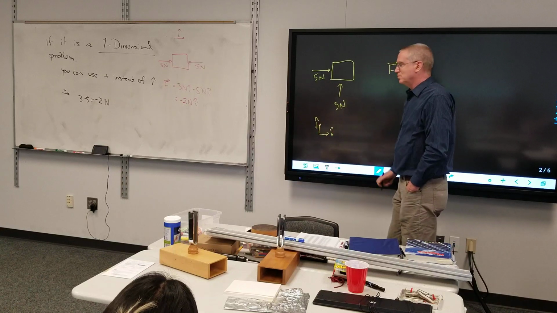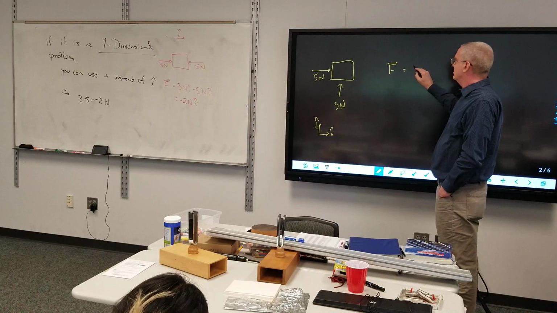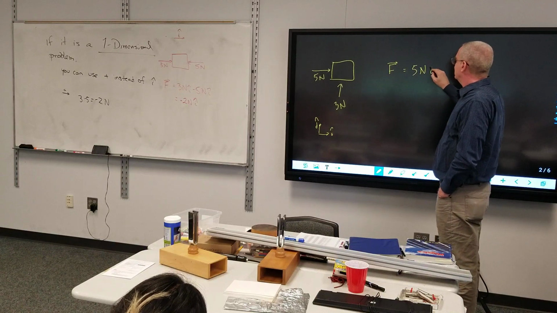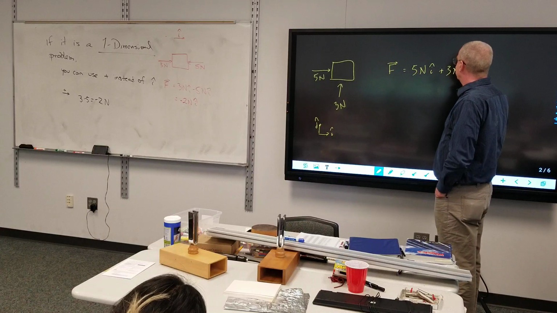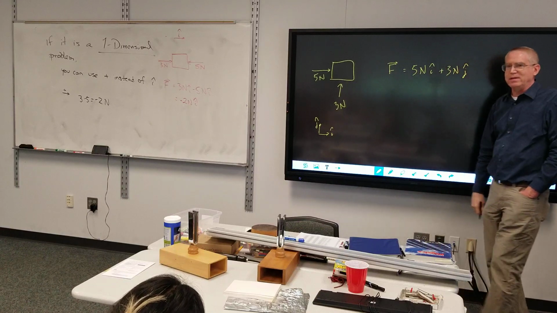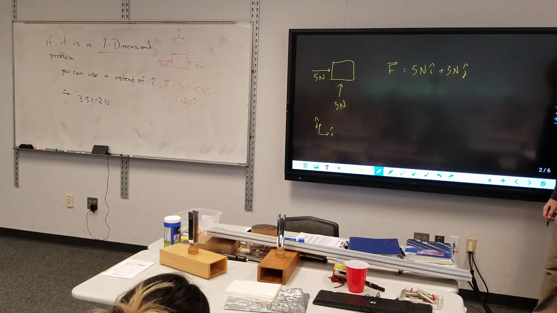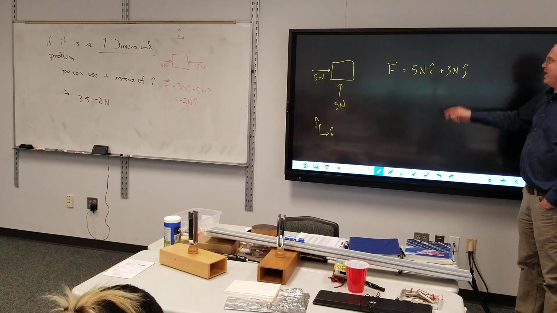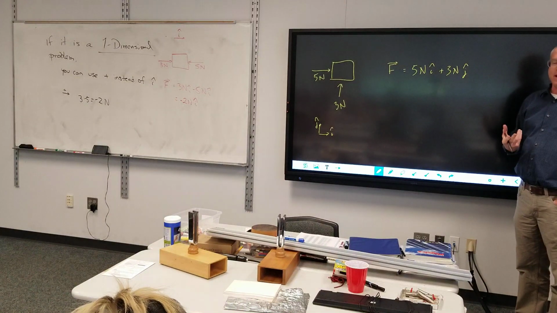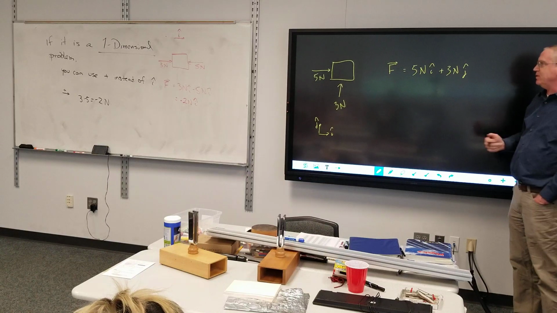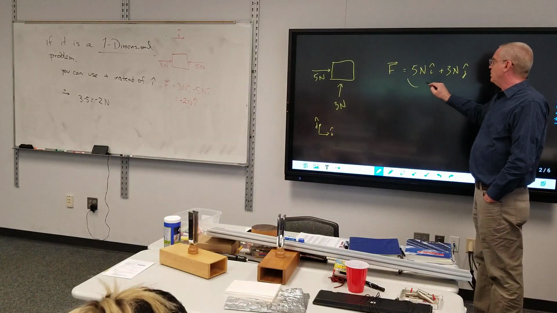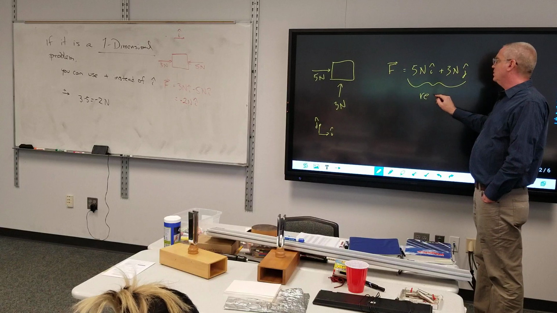So then your equation would be 5 I hat plus 3 j hat. Exactly, and done. Where I've got the I hat and j hat, I haven't combined it, I can't simplify it anymore as is. This is known as rectangular form.